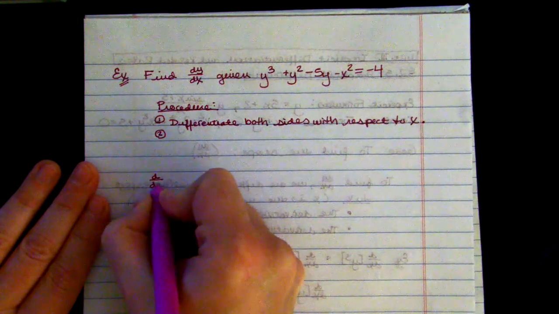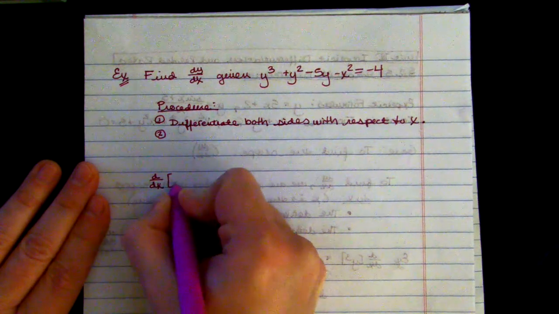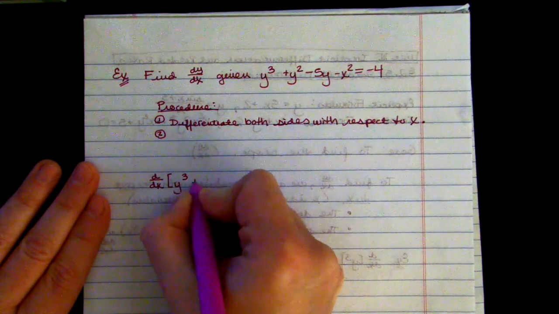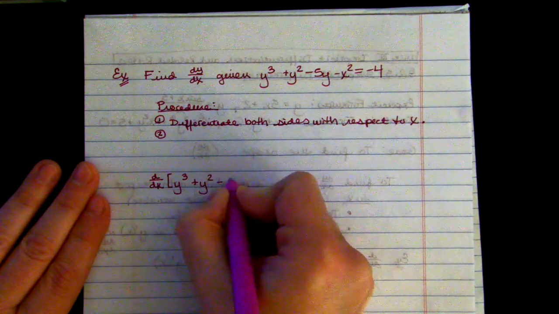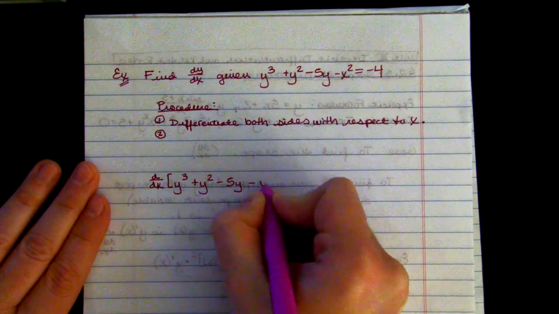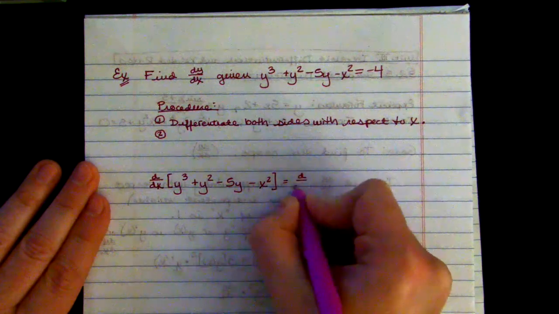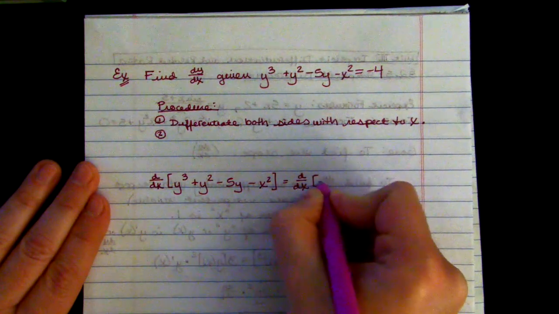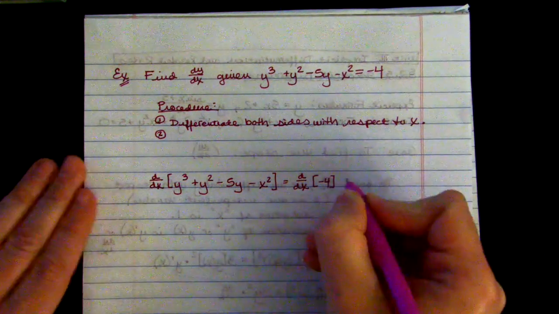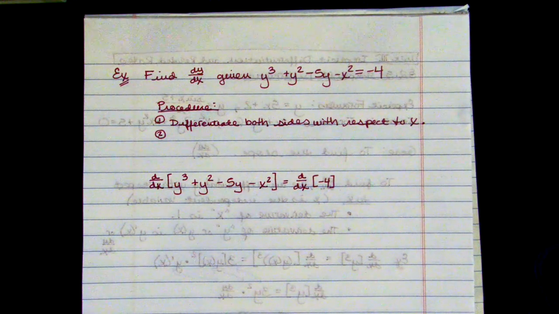I'm going to go and write down d/dx. Let's find the derivative of y cubed plus y squared minus 5y minus x squared. And I want to find the derivative of -4, just like the problems that you looked at in the first video from this section. Okay, so I'm going to go do my derivative now.